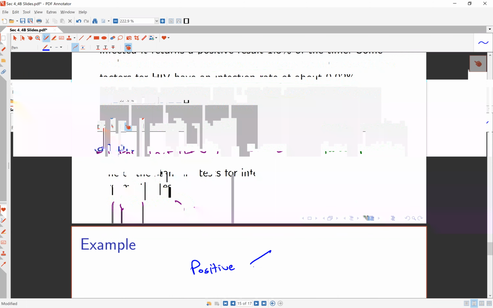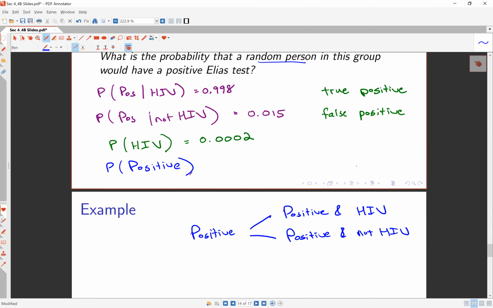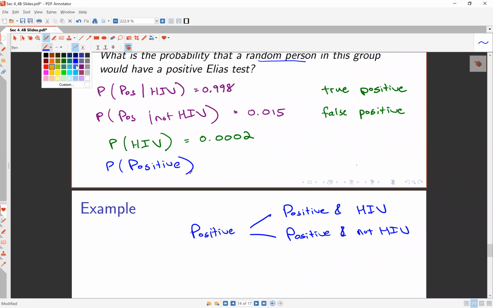So if we look at the positive group, it has two parts: people who get positive results and have HIV, and people who get positive test results and are not HIV positive. And these two events are mutually exclusive, which means we can just sum their probabilities together.